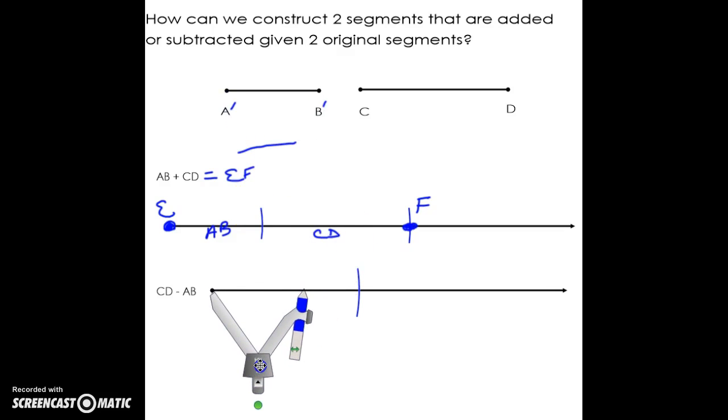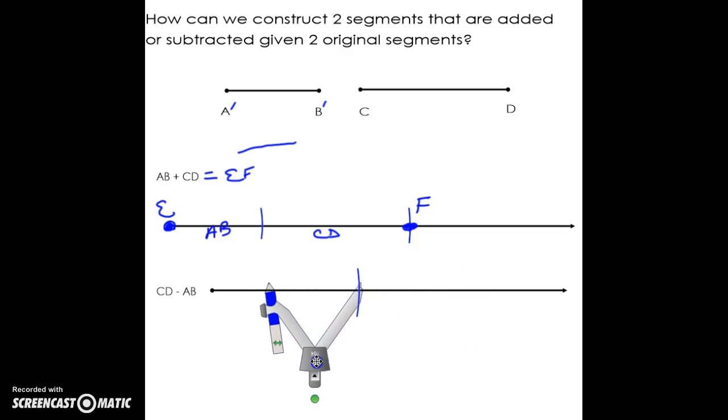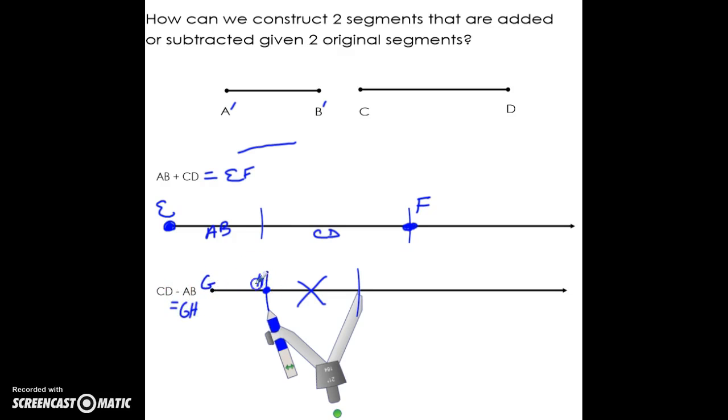And I can start at this endpoint, or I can start over here. And I usually like to start at my arc mark. So instead of adding it onto the right, I'm going to cut it back because I'm subtracting off. So this piece here is a piece I don't want. So I'm going to cross that out. I don't want that piece. I cut it out. That was the subtraction. I'll add my endpoint here, and then I can say this equals like GH or something, and I'll put a G and an H.